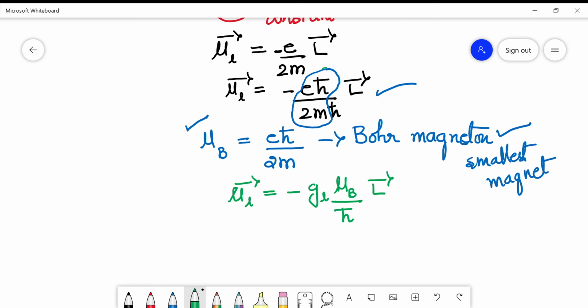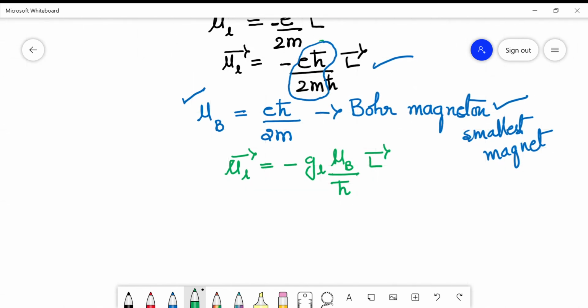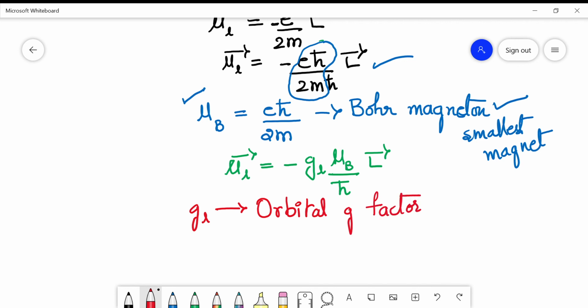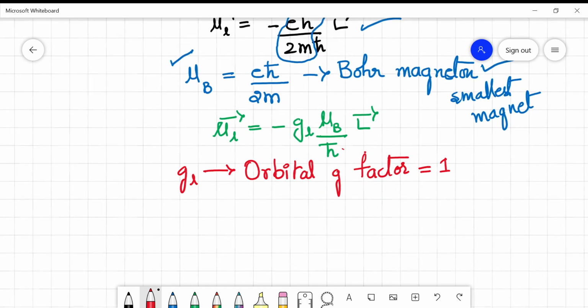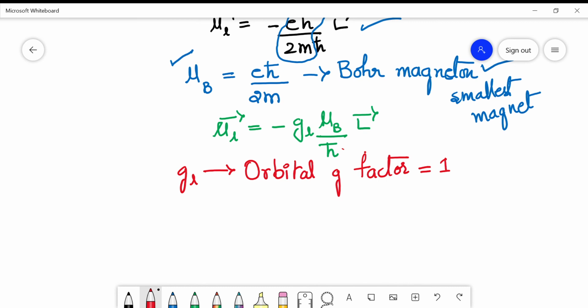Now where did this GL come from? It is called the orbital G factor. For this case, it is equal to 1, but not necessarily for every other case. So for this case, the orbital G factor is 1.